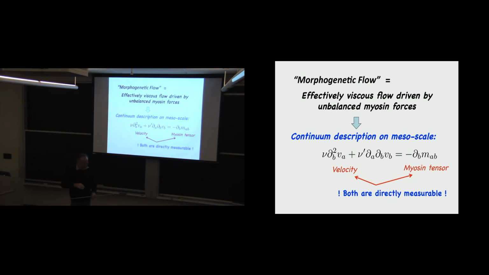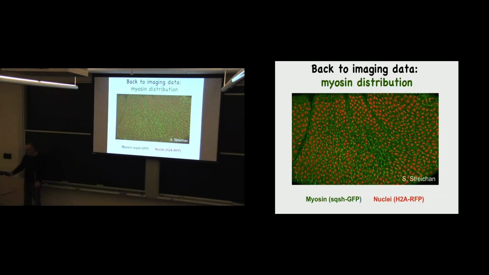By taking this somewhat hand-waving model that I presented to you, you can coarse grain it and turn it into continuum equations which relate myosin-generated stress tensor to the flow velocity, and it's basically a generalized Stokes flow driven by the divergence of myosin-generated stress.